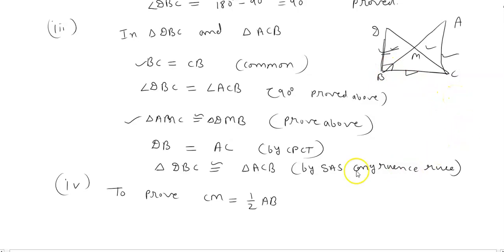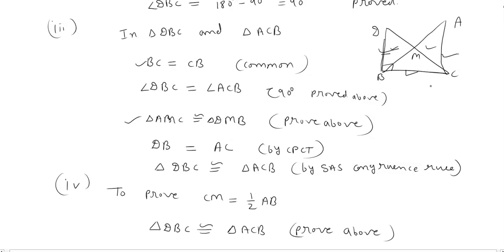In the third question we have already proved triangle DBC congruent to triangle ACB, proved above.